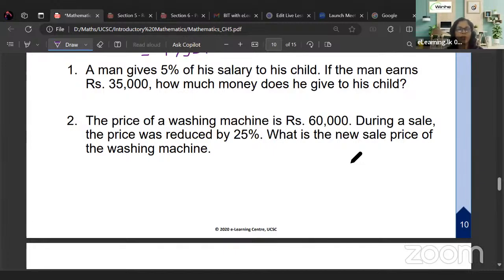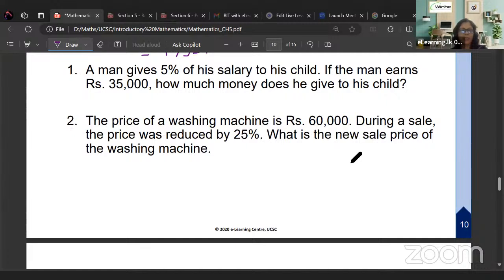Now, how do we find it? The price of the washing machine is 60,000. The price was reduced by 25%.